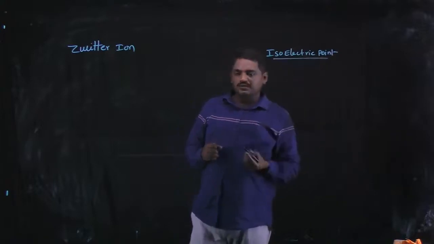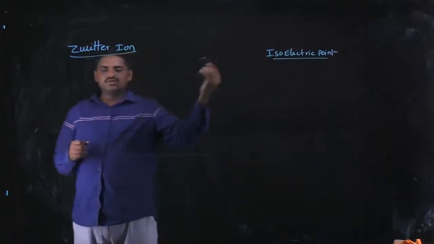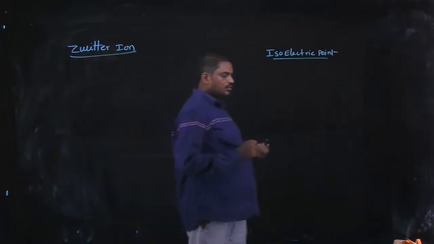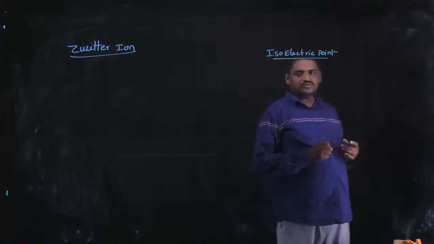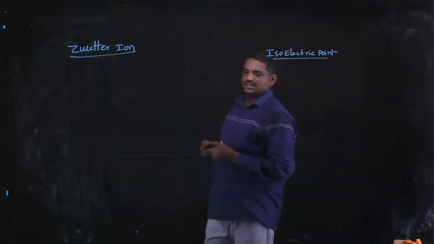What is the meaning of Zwitter ion? What is the meaning of isoelectric point? And the formula for the calculation of isoelectric point in different types of amino acids.